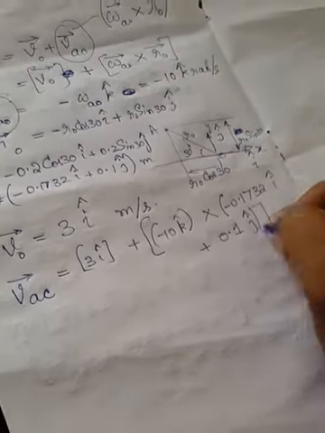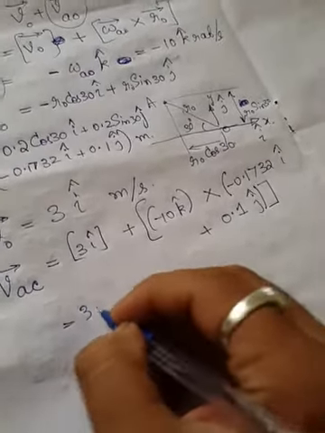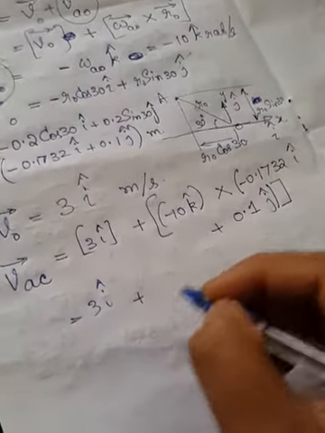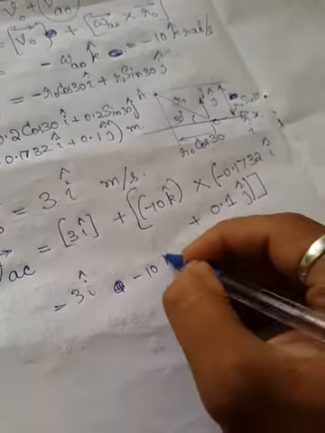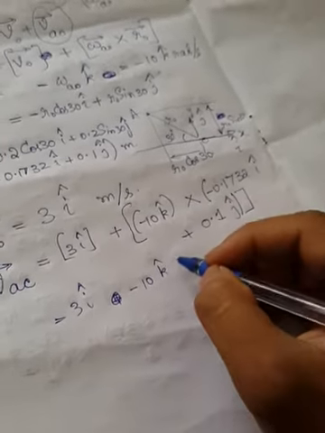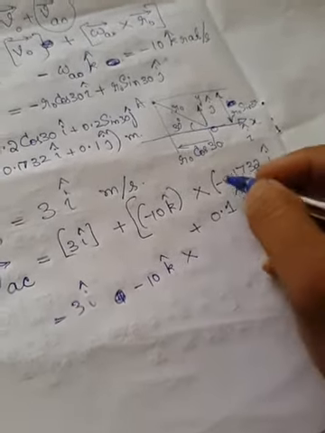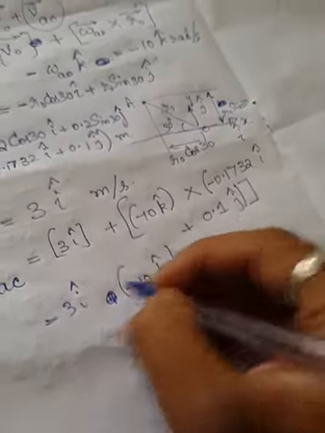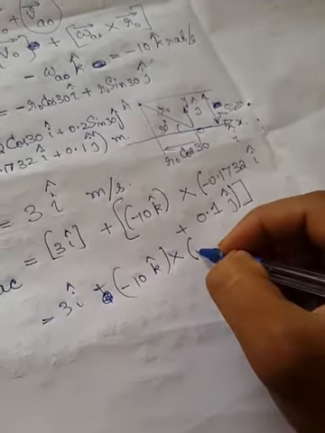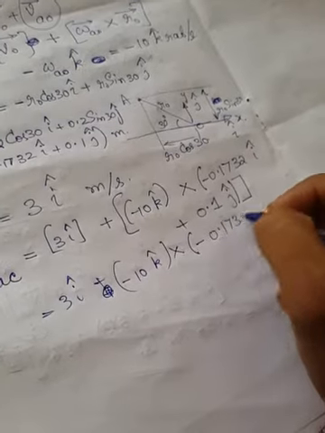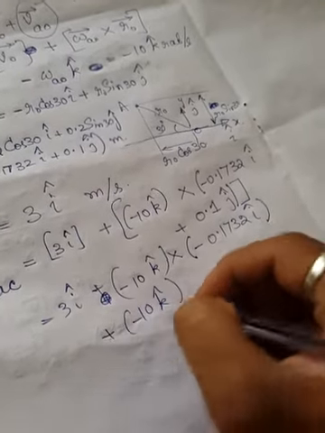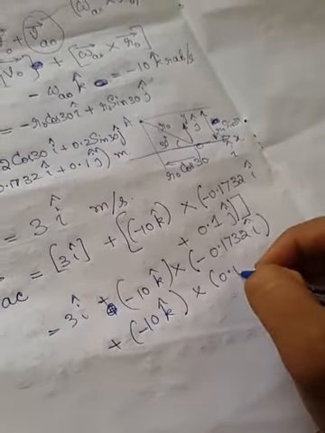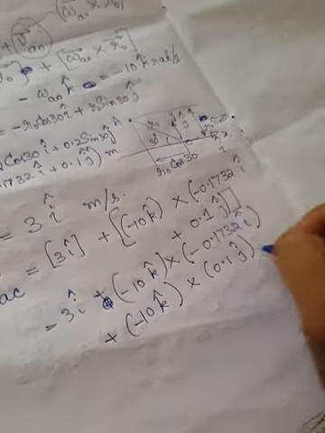So 3i plus minus 10k crossed with minus 0.1732 i, plus minus 10k crossed with 0.1 j.